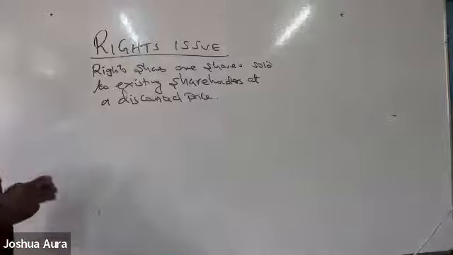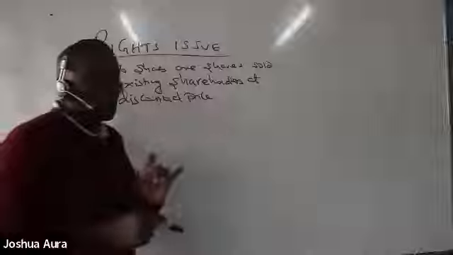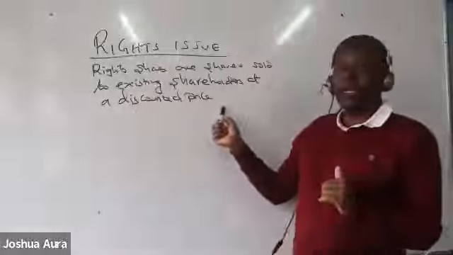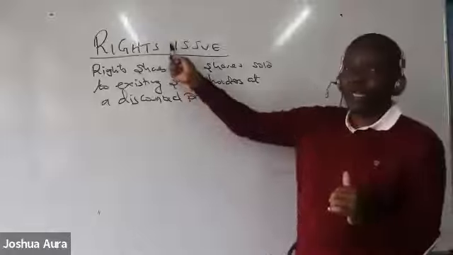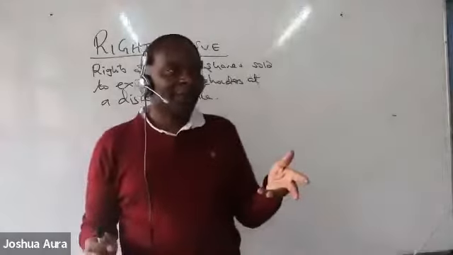So any shares in this case, ladies and gentlemen, that are sold to existing, they are sold to who? Existing shareholders. Automatically, they'll be called who? A rights issue. How about bonus shares?